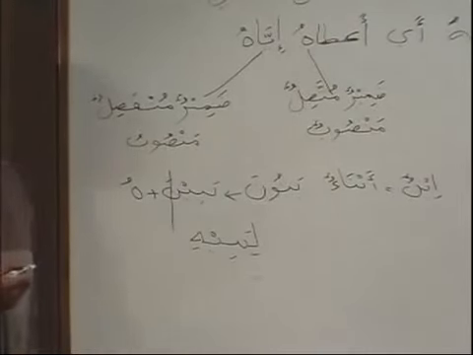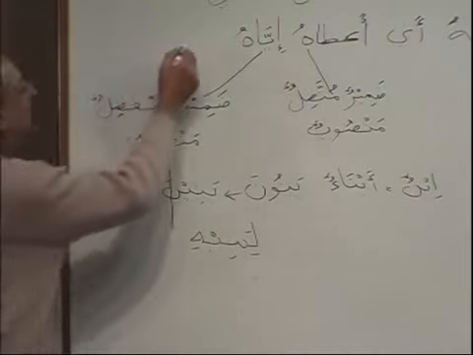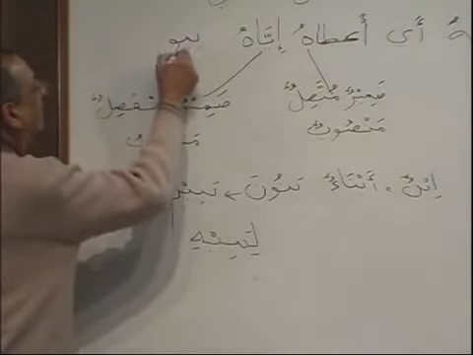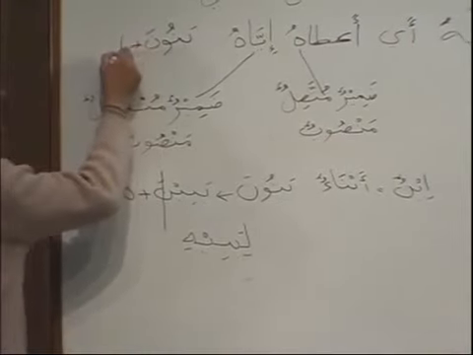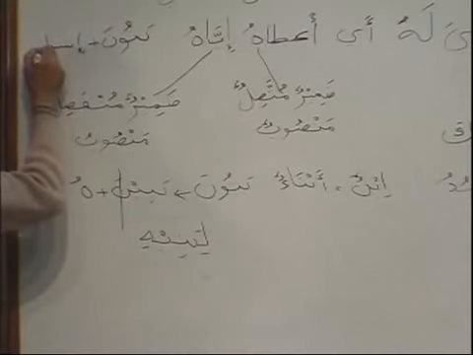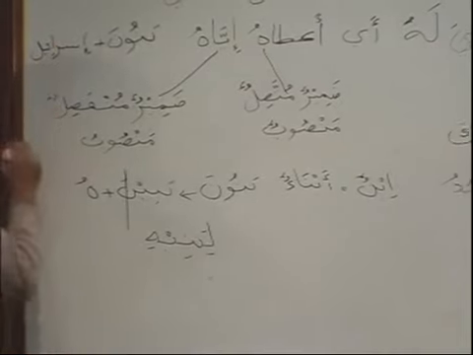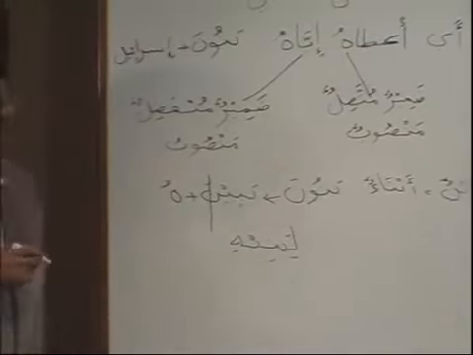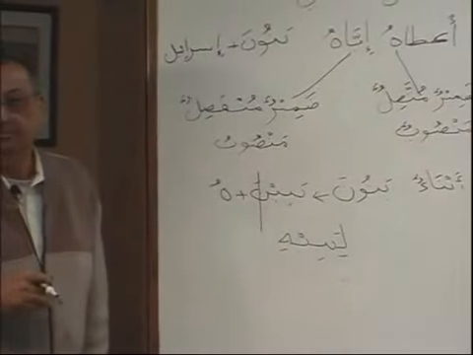Also, you say Ya Bani Israel. So what is Ya Bani Israel? Actually, it is Banuna plus Isra'il. Are you with me, brothers and sisters? Now, see, it is together. Mudaf ilayhi.